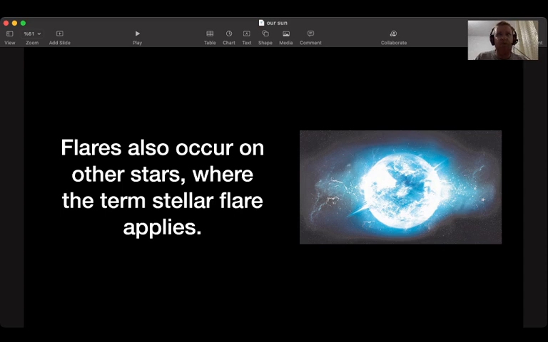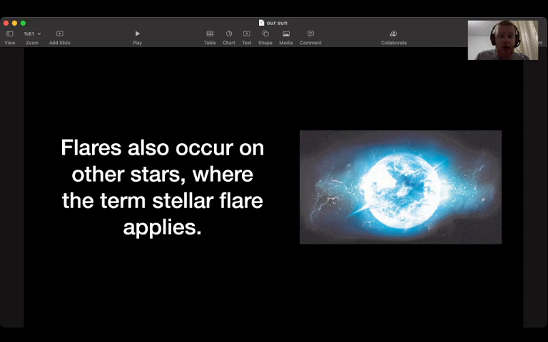There are about 340 billion stars or suns in our galaxy, and all of them can also throw out, well, not all of them, I'm guessing, but most of them can throw out flares too.